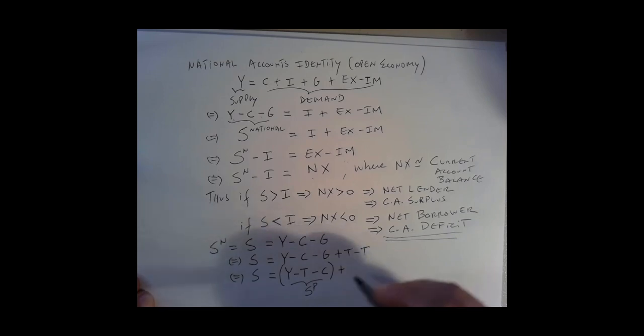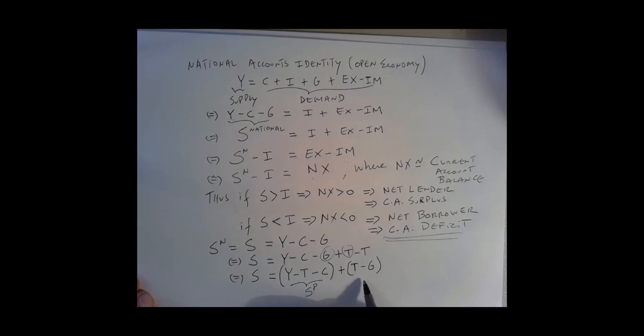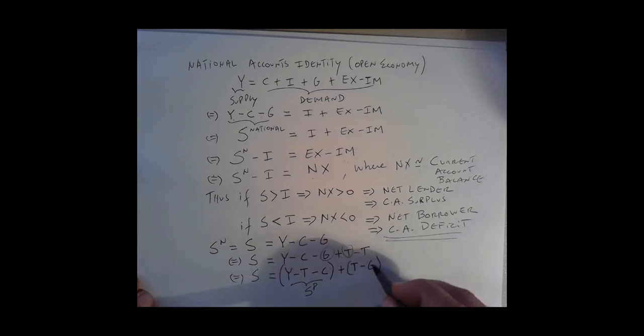On the other hand, we still have this T and G to deal with. So T minus G is basically the governmental savings, also known as public savings. The revenue of the government is the taxes they collect from the people, and then they use it to consume goods and services, which are captured by G, government purchases.